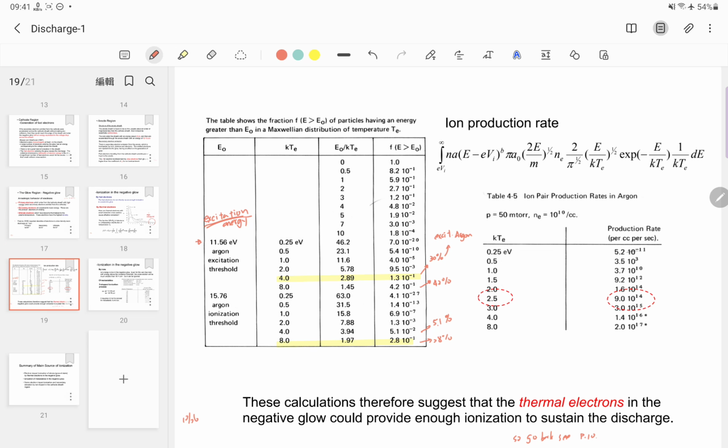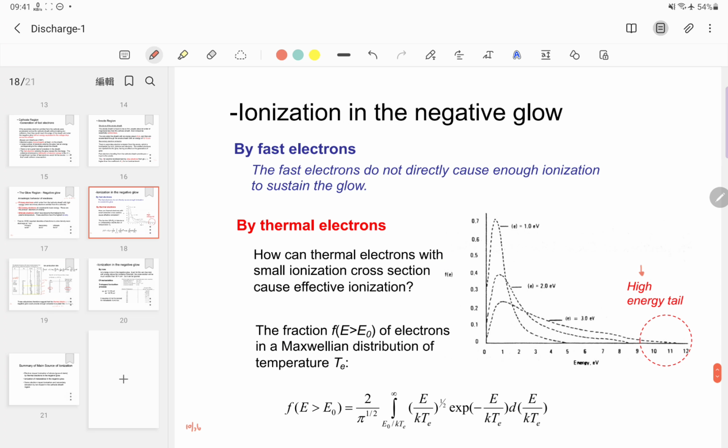So this high energy tail, where the electrons have very high energy, contributes to most of the ionization process in the DC glow discharge. So this is what Chapman wants to say. In the previous chapter, the nature of plasma, and in this chapter, DC glow discharge, the conclusions are the same. The negative glow is the most important part of the DC glow discharge.